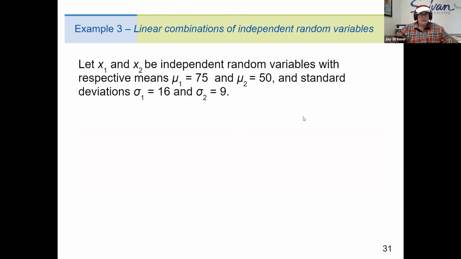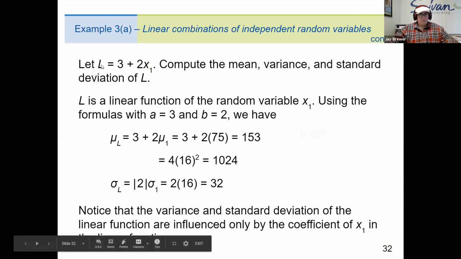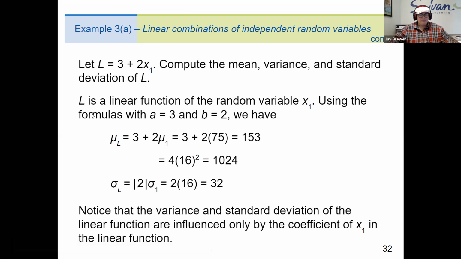Let x sub 1 and x sub 2 be independent random variables with respective means mu sub 1 equal to 75, mu sub 2 equal to 50, and standard deviations equaling 16 and 9 respectively. So we are going to shove in everything that they give us.